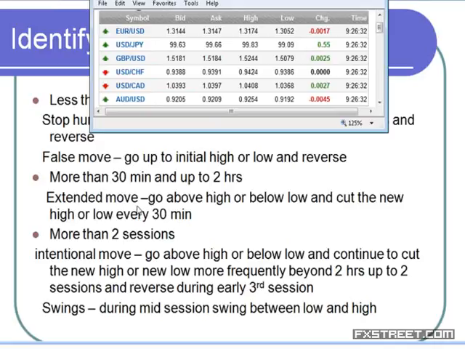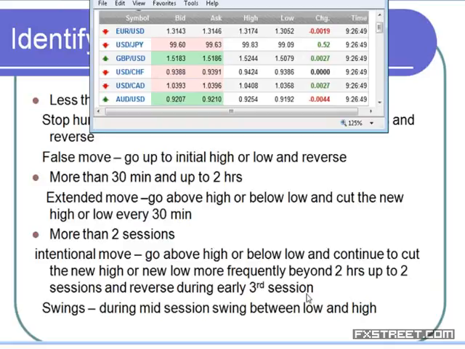That is an extended move. Now, how to differentiate this extended move? Then they reverse and come below the initial high and go below, if it is an extended move. But how to differentiate the extended move from the intentional move? Now, the intentional move is more than 2 hours. It is for 2 sessions and the start of the third session.